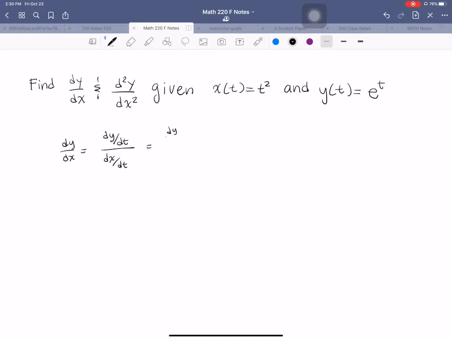So d over dt of e to the t divided by the derivative with respect to t of t squared. In our numerator, we have e to the t since e is its own derivative, and in our denominator, we have 2t.